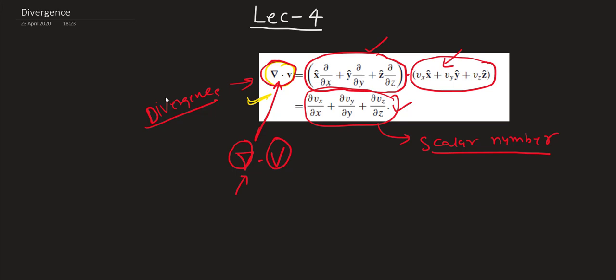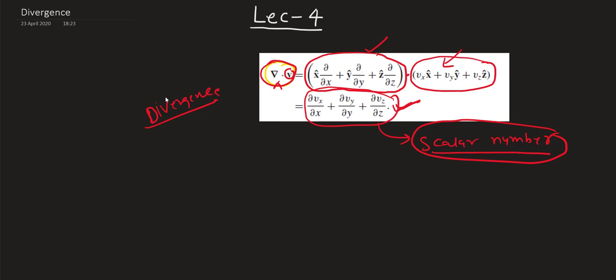We are operating on the vector function V, and the result which we get after the dot product is a scalar number. Because the dot product of x cap and x cap would be 1, similarly y cap dot y cap would be 1, and z cap dot z cap would be 1, and you will simply get this expression. Okay, that is fine.